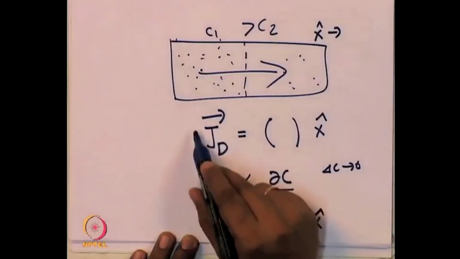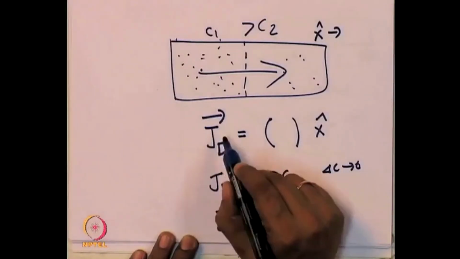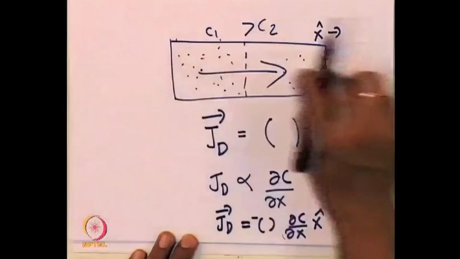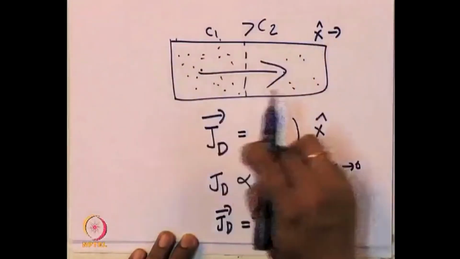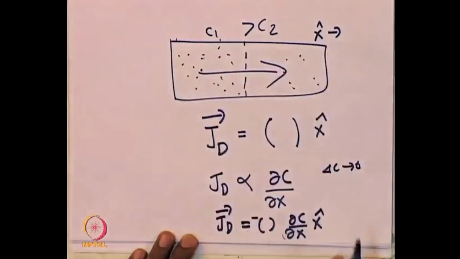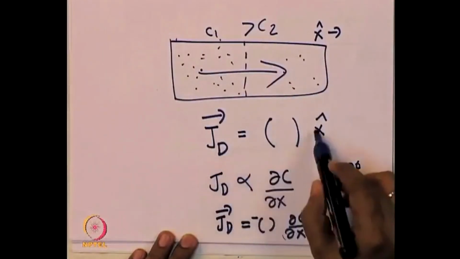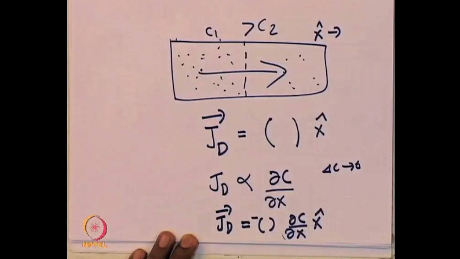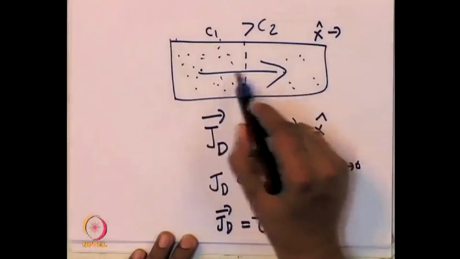Jd is the current or the flow, the current of ions in this direction. So, this current, due to this concentration difference, has to be in the direction of x, that much is clear. It is also clear that it has to be proportional to del C by del x, which is the change, the difference in concentration.